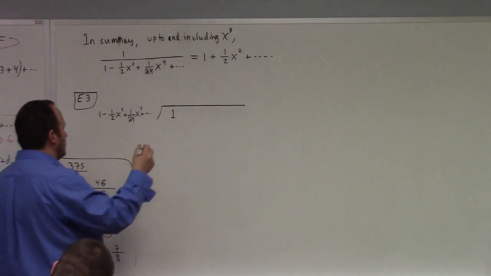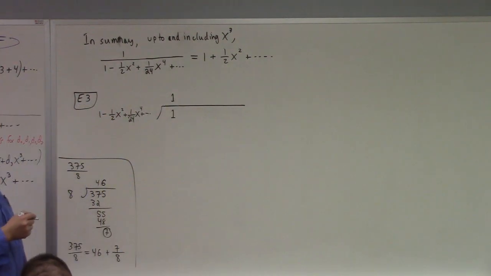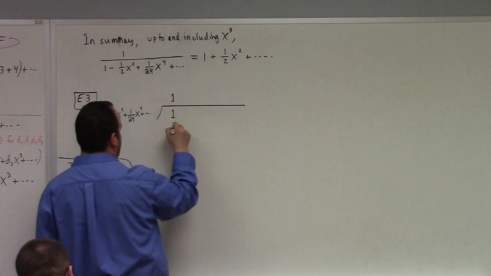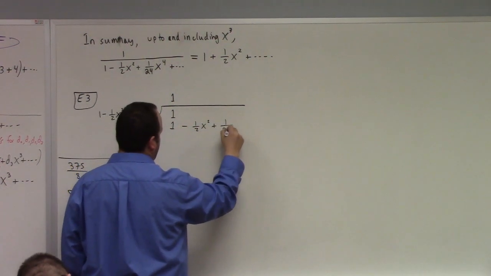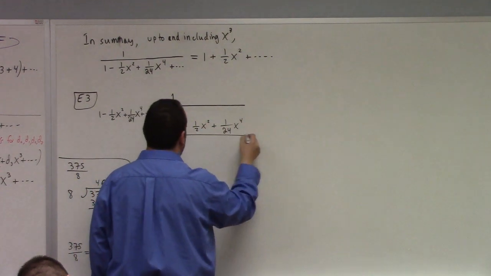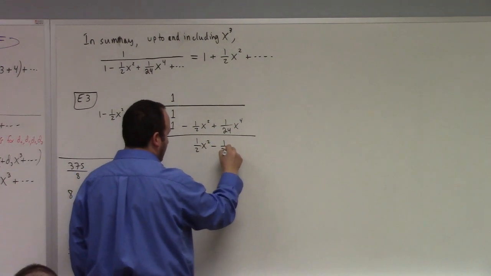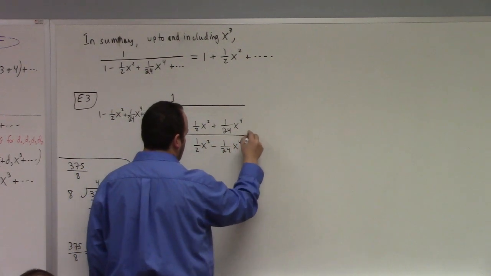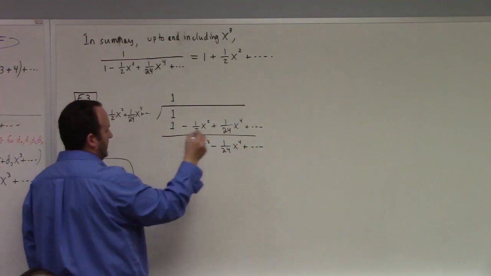So to start with, looks like I need a 1, right? So I take 1 times this, it gives me 1 minus 1/2 x squared plus 1 over 24 x to the 4th, right? I take the difference, that gives me 1/2 x squared minus 1 over 24 x to the 4th, right?